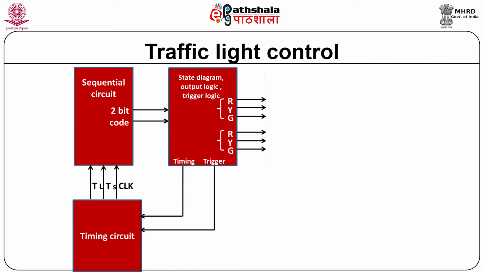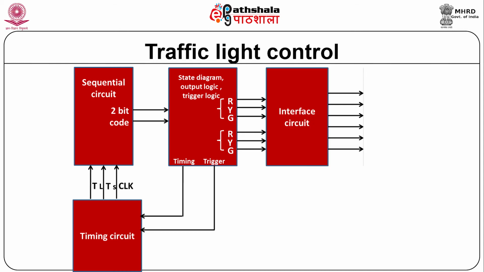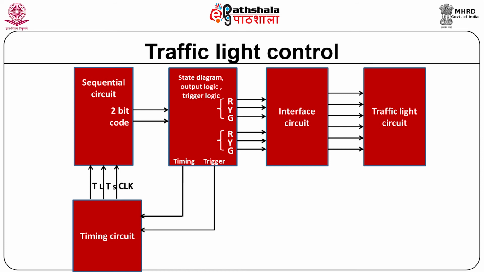It also generates logic high and logic low signals to drive the R, Y, G lights of both the main as well as side roads. The interface circuit is basically used for driving the lights. The last block is a group of all traffic lights and their necessary wiring circuits for proper operation of the traffic light control signals.